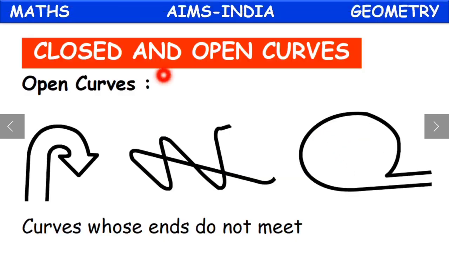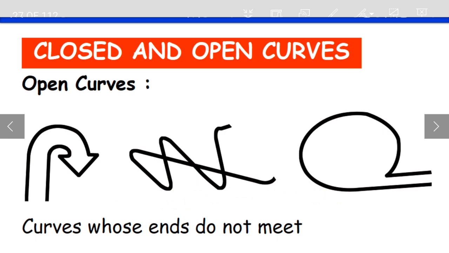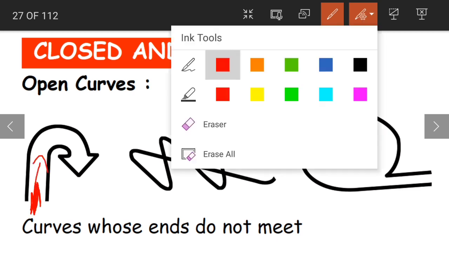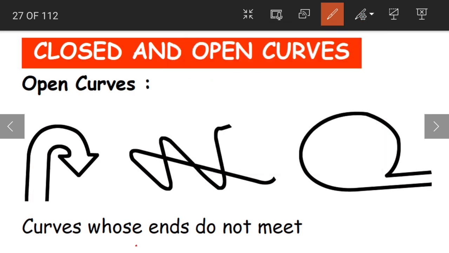Now coming to the next topic, that is closed and open curves. Open curves: curves whose ends do not meet. Open means what? See here, this is open. Here we are having a space to enter through. So this is called an open curve. These ends do not meet. So this is one end, this is the other end.